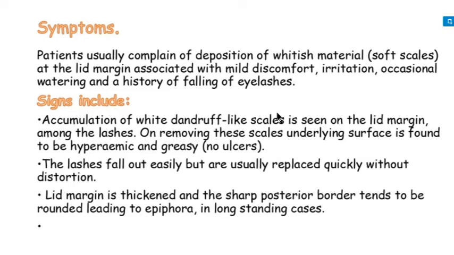The lid margin is thickened and the sharp posterior border tends to be rounded, leading to epiphora in long-standing cases. So the signs you need to know are the accumulation of white dandruff-like scales, then the hyperemia, then epiphora in some cases only.